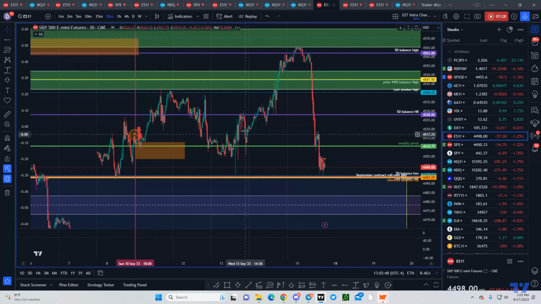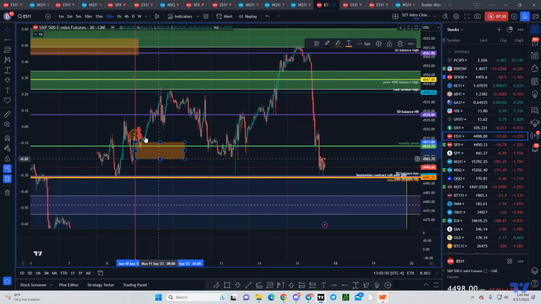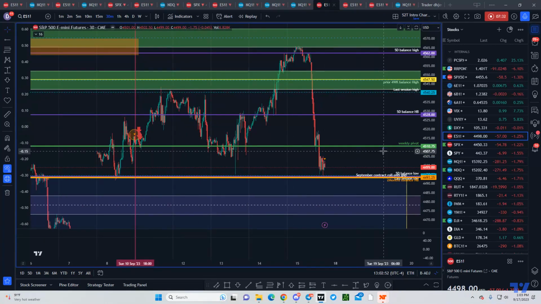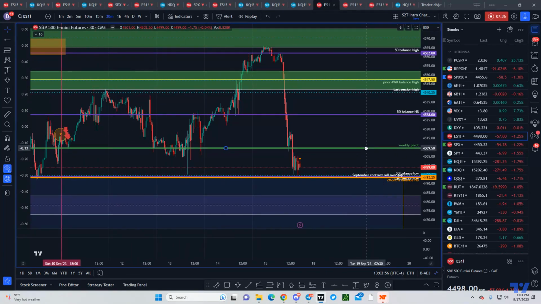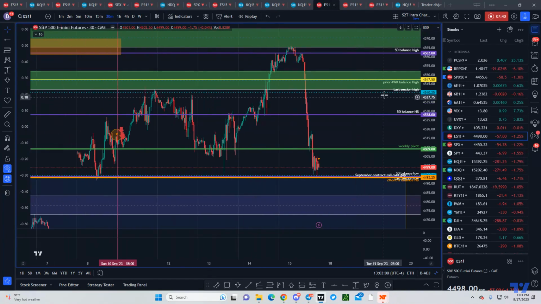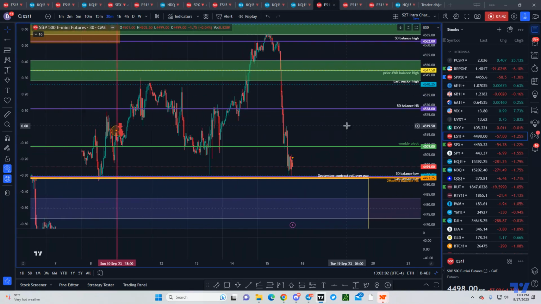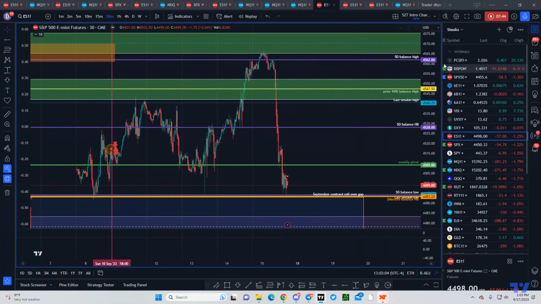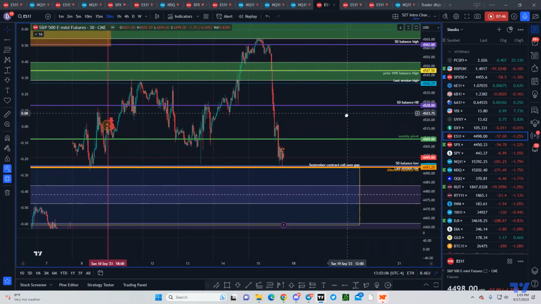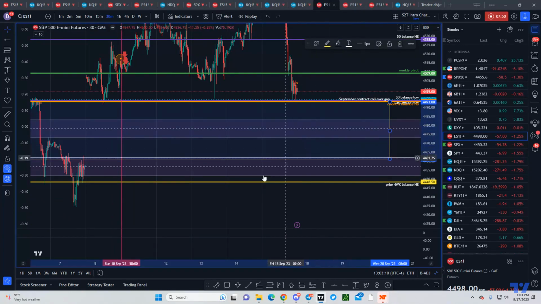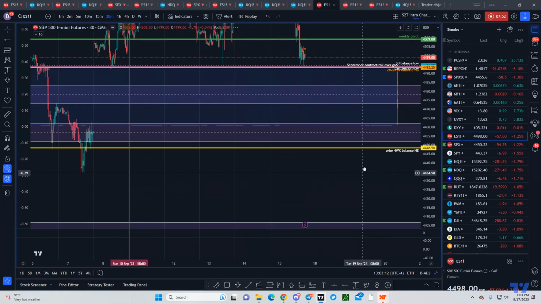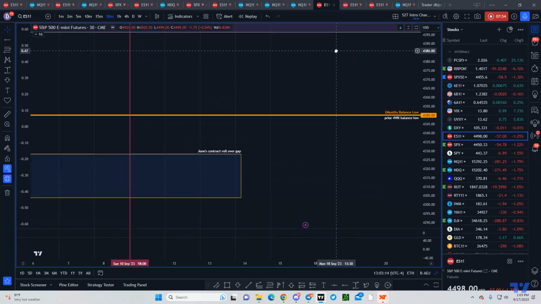So now we basically have this information here. And I think you probably know where I'm going with this. If you have been watching me for a while, you probably know where we're heading. So the rollover gap here covers this area, and the prior rollover gap.